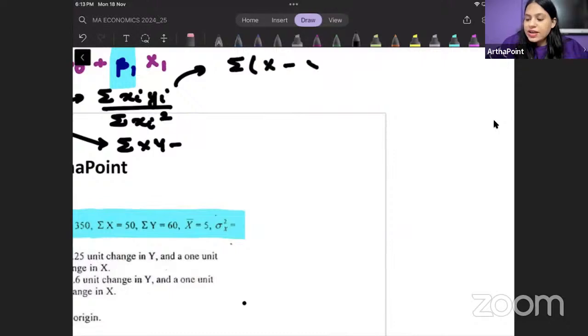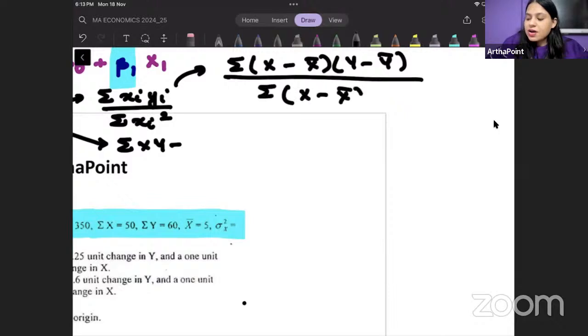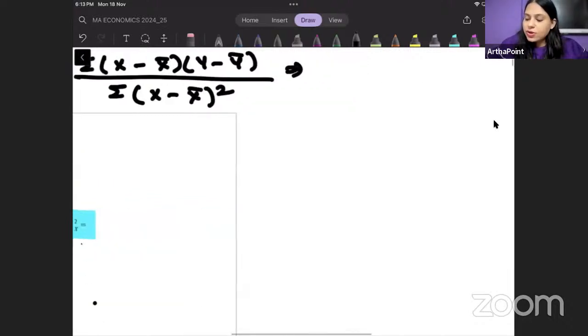You just write summation x minus x bar, y minus y bar upon summation x minus x bar whole square, and just open this up. If you open this up, what will you get?